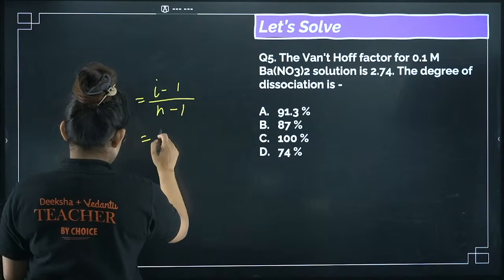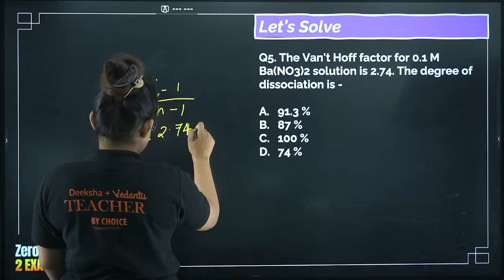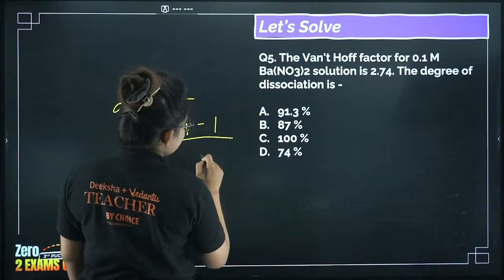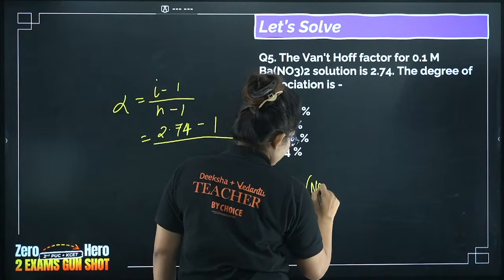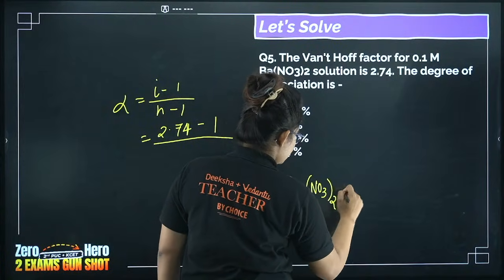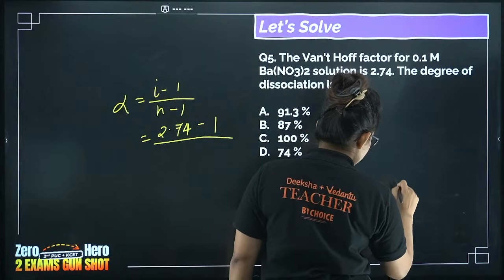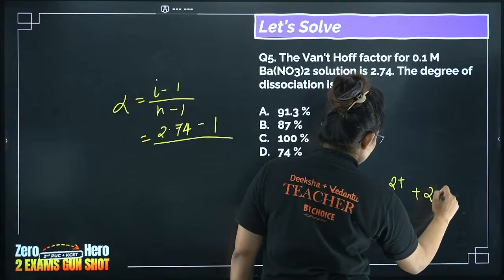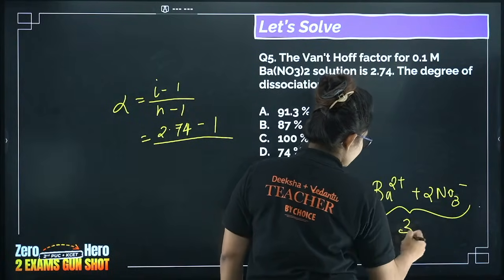Let's put the value here: 2.74 minus 1, divided by n. If Ba(NO3)2 dissociates, you get Ba2+ and 2NO3 minus. Count the ions: total 3 ions.